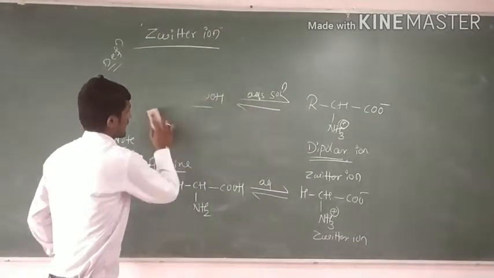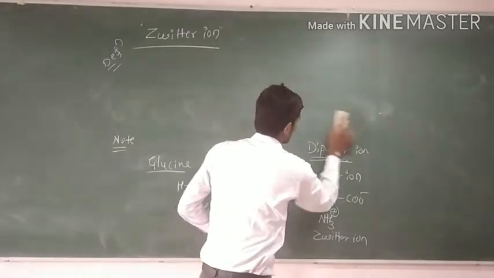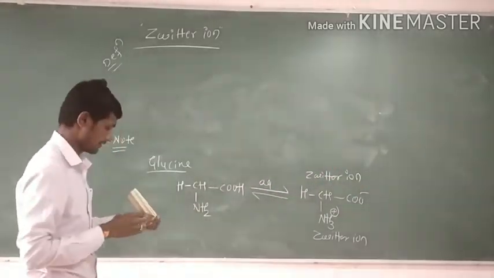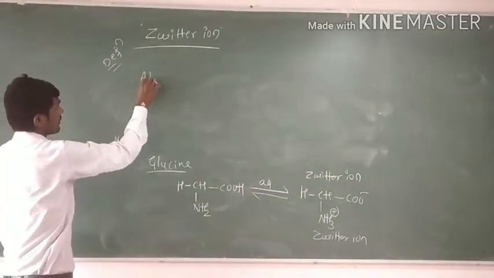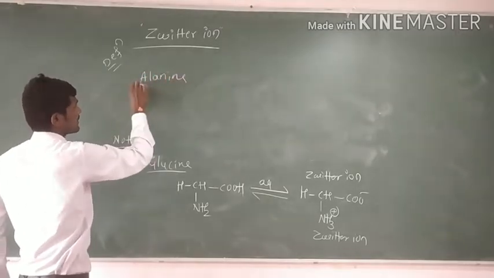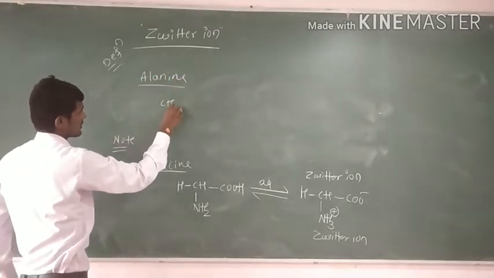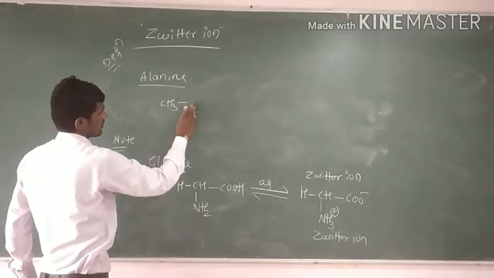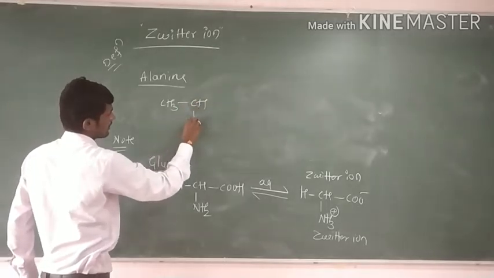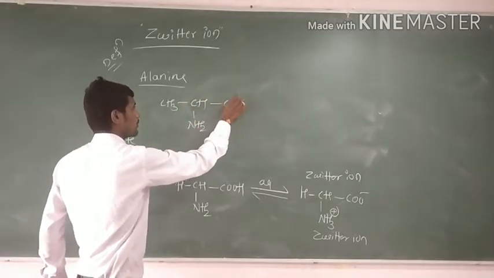Similarly, if you take an example, alanine. How do you write the structure of alanine? See here. This is CH3 CH NH2 COOH.